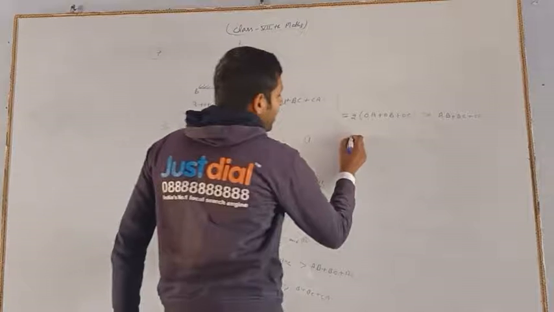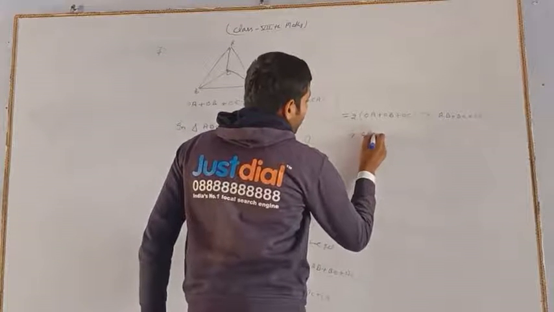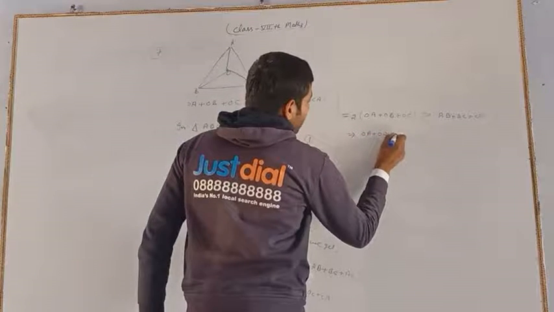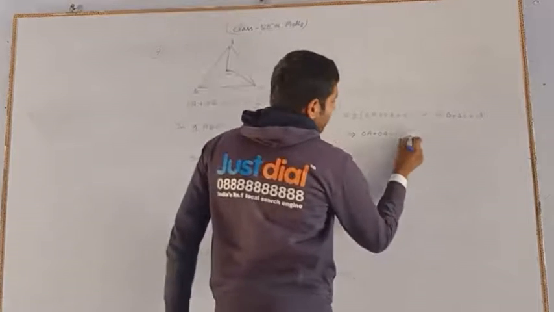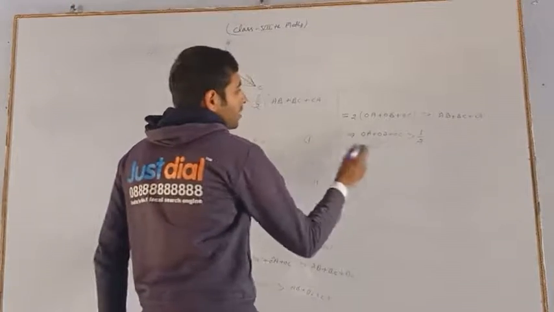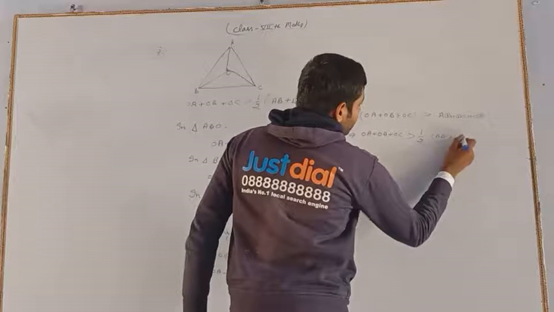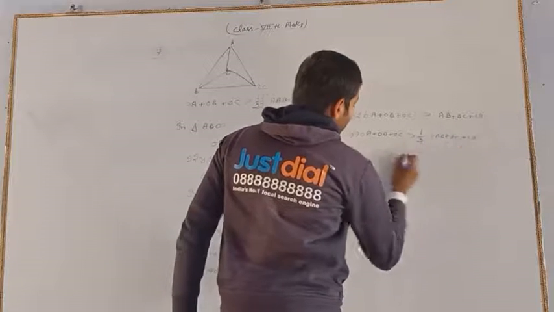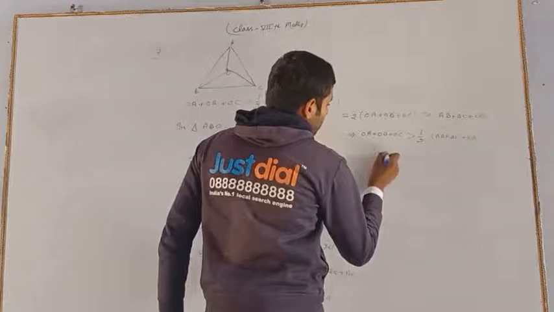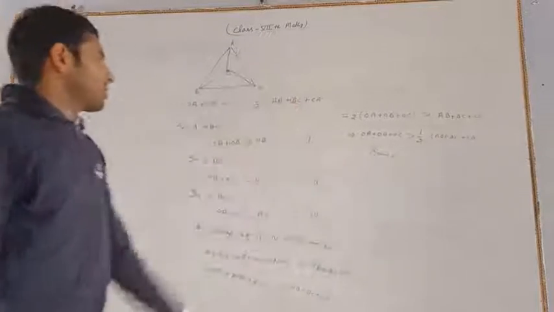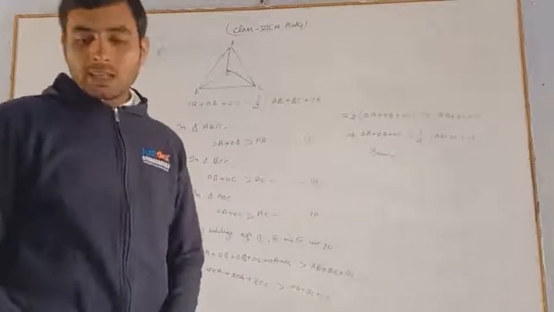So from here we find that OA plus OB plus OC is greater than 1/2 of (AB plus BC plus CA). Proved, which we had to prove. So this is the solution of the last problem.